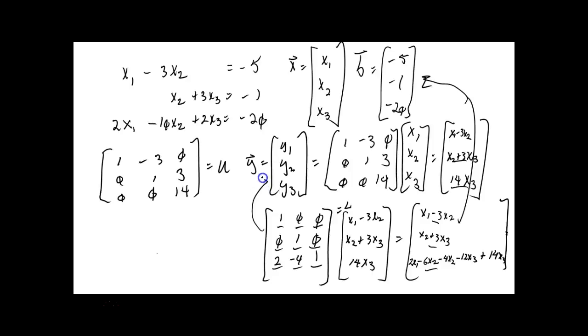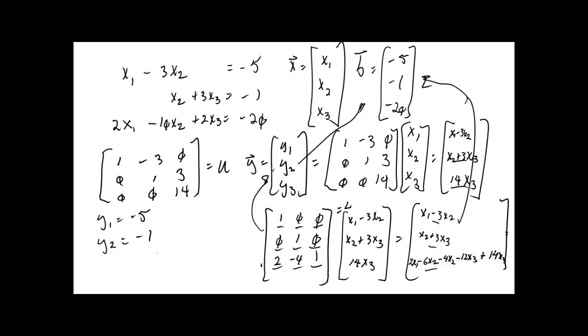So basically we're doing this times that, and that gave you y1 is equal to -5, y2 is equal to -1. That's from the first two here. Setting this equal to that. The product of this times that is equal to that. Y1 is equal to -5, Y2 is equal to negative 1.